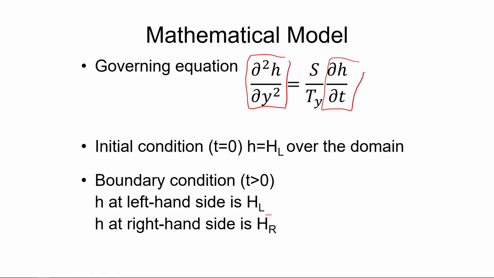So here we have a constant head boundary condition at the left hand side, this is the type 1 boundary condition, Dirichlet boundary condition, and we have an initial condition. So at time 0, the head was constant, whatever that value is. And now, this is our mathematical model.